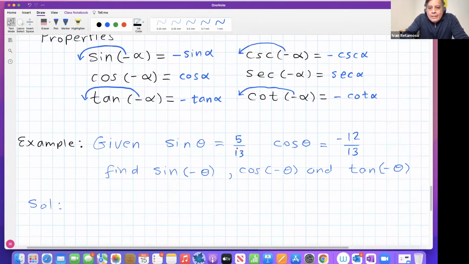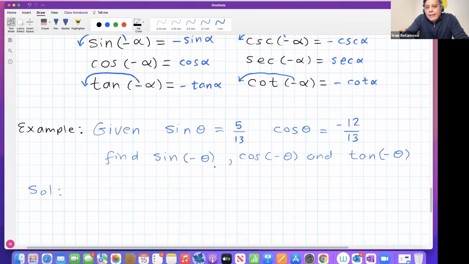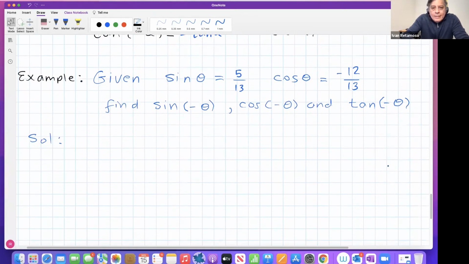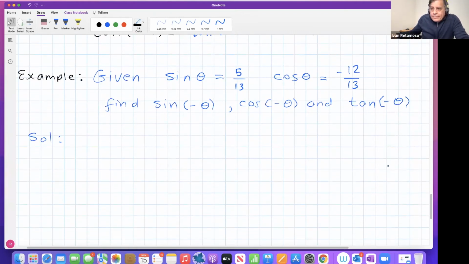Given sine of theta equals 5 over 13 and cosine of theta equals negative 12 over 13, find sine of minus theta, cosine of minus theta, and tangent of minus theta. Let's do this together. Let's start with sine of minus theta.